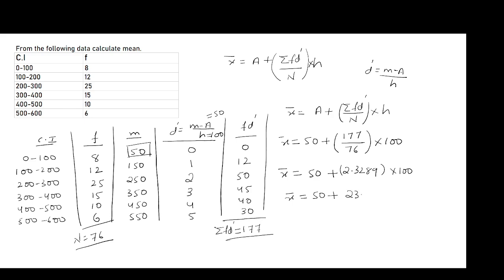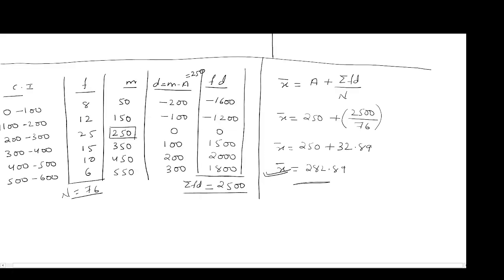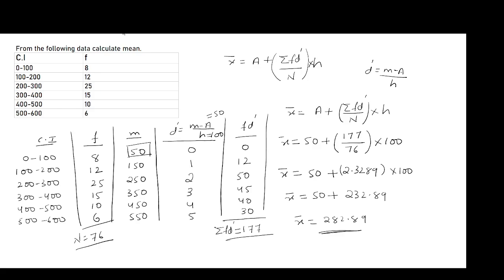You are going to get 232.89. Now add this 50. 50 plus 232.89 is 282.89. Now if you go back to the shortcut method and the direct method, we got 282.89. So in the step deviation method also we got the same answer. X bar is equal to 282.89.